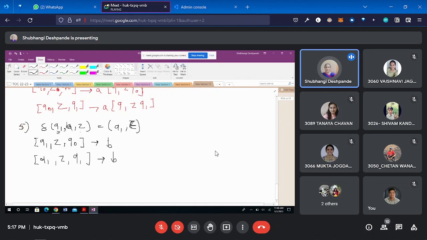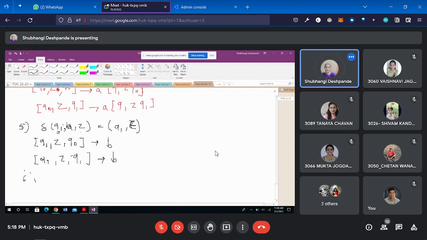Because it will always start in Q0. So you have to consider that state, and you have to take the combination of the number of states which are available with Q1. So one is with Q0, if it is starting in Q1 and ending in Q0, or if it is starting in Q1 and the second state is Q1. So like that you have to consider.